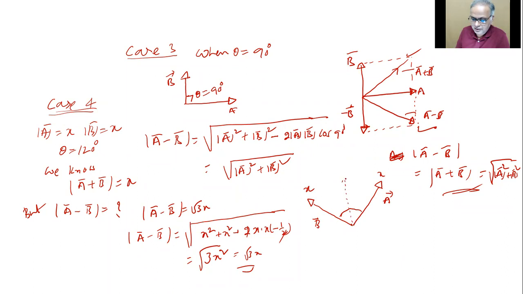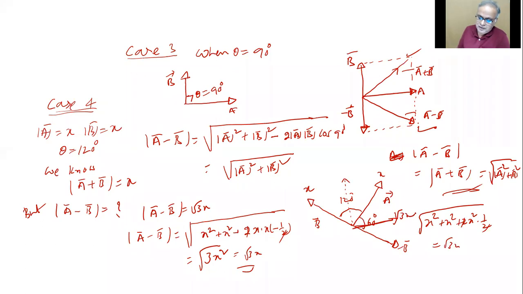But I don't want the sum. I would like to reverse B. So if this was 120, children, how much is this? 60. So if I add x and x with 60, what will I get? x square plus x square plus 2x square cos 60. So this will be my difference, root 3 x. This is my sum.